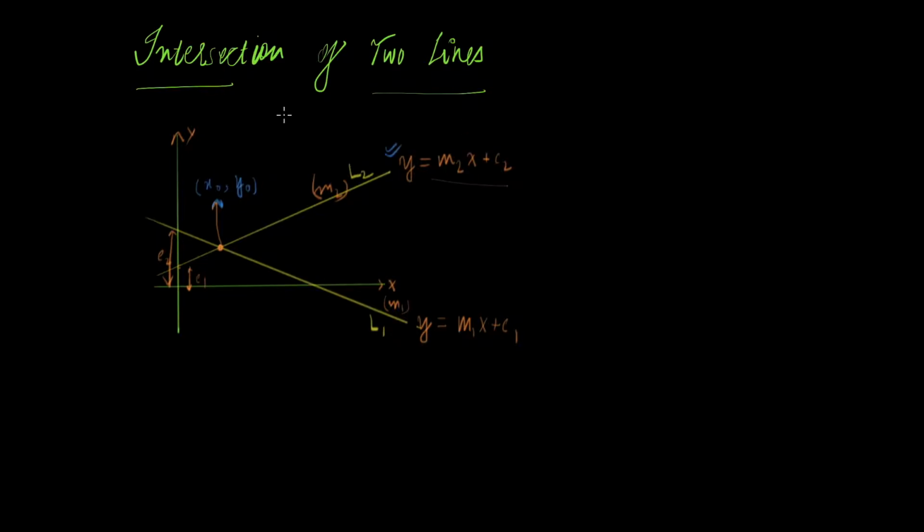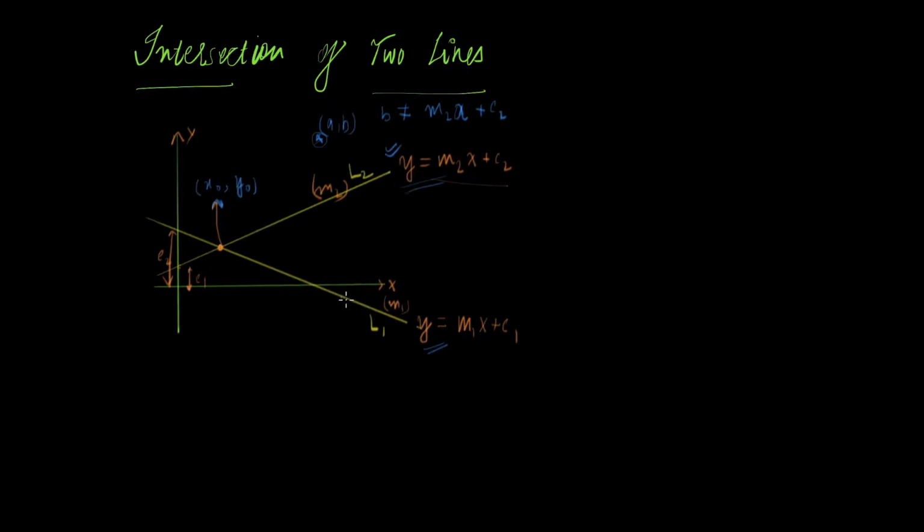As we have seen before, if we have a point that does not lie on one of the lines, it will not satisfy the equation. Say if we choose a point to be here, say a comma b, then we know that b won't be equal to m2a plus c2, because it does not lie on the line L2.